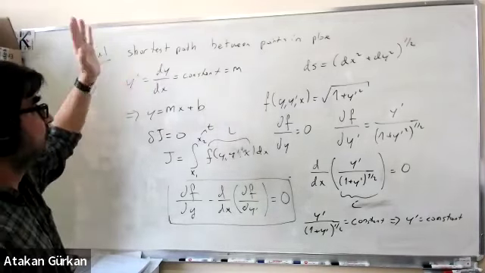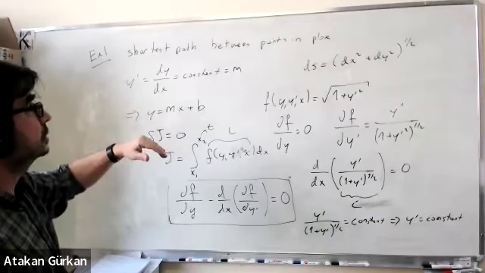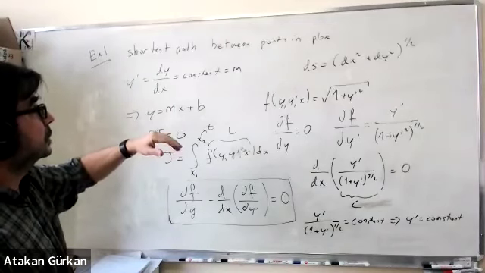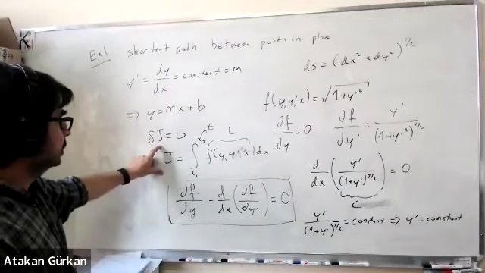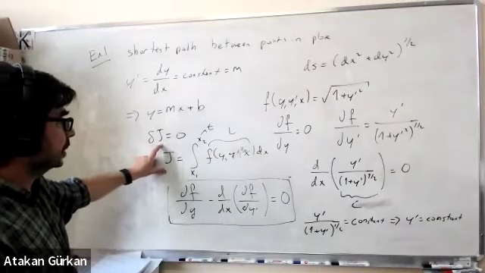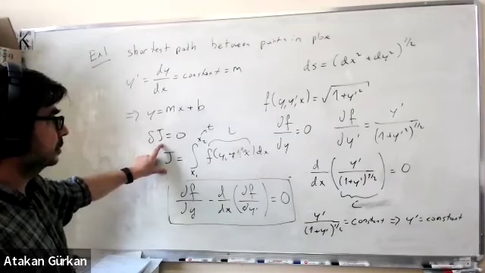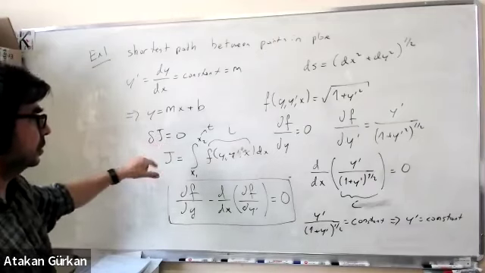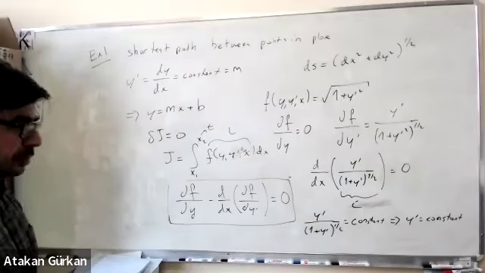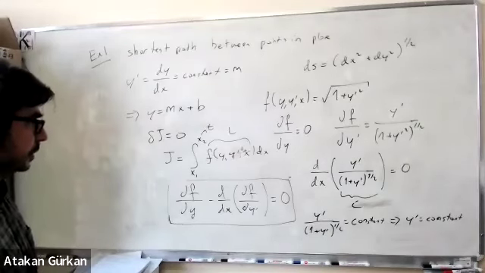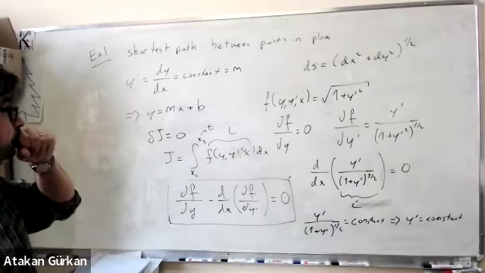You write the expression for the path, and its variation is going to be 0 with respect to changes in the path. So you try to write an integral like this and try to make it stationary. So it's going to be 0 with respect to a variation, or at least to the first order in the deviations.